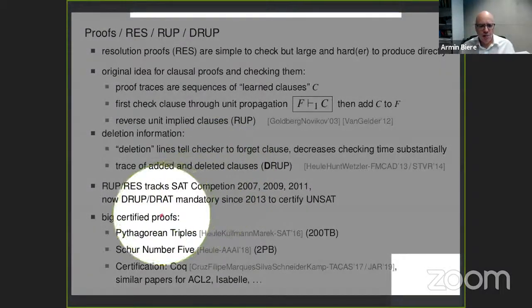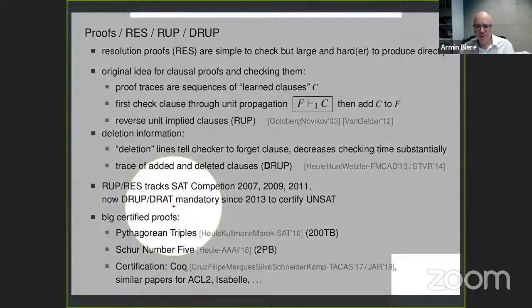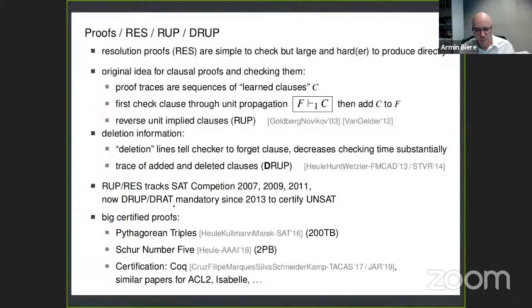Actually, we now move to this RUP replaced by RAT. And I have some slides on that, but this is exactly the part which I don't want to go into much detail. But these proofs were actually born out of our work on preprocessing, in particular our blocked clause paper and follow-up work, which I have to admit are not as important and successful for speeding up SAT solving, but they were really instrumental to come up with proofs.